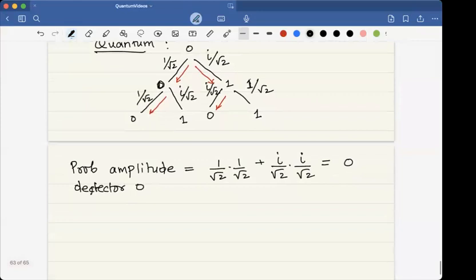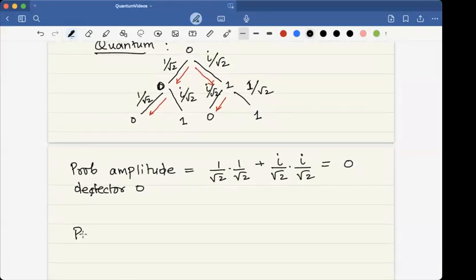Similarly, if I want to compute the probability amplitude at detector 1, how will we get to 1? Look at the green arrow.